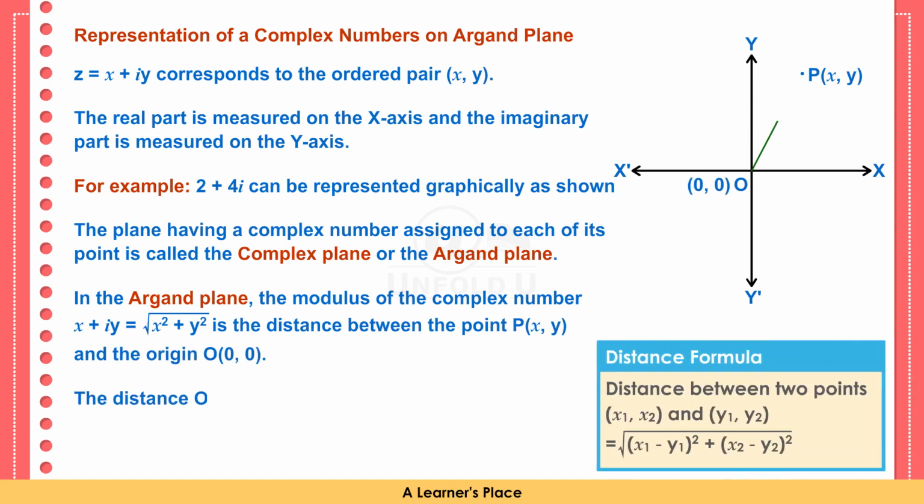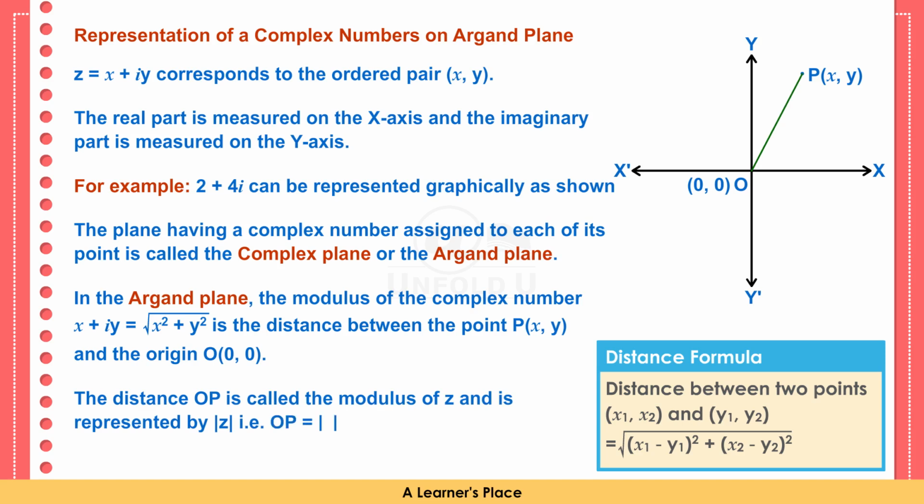The distance OP is called the modulus of z and is represented by |z|, that is, OP is equal to modulus of z is equal to square root of x square plus y square.